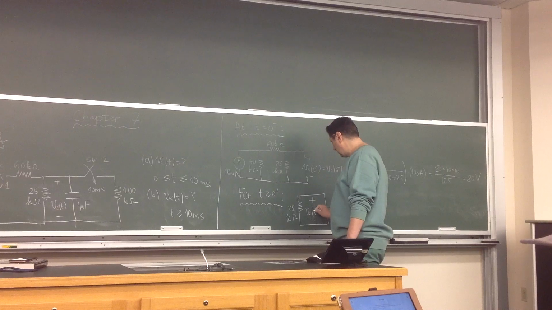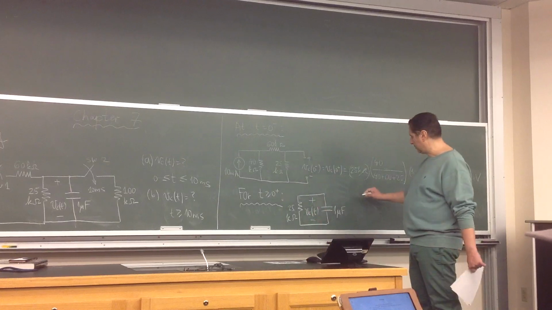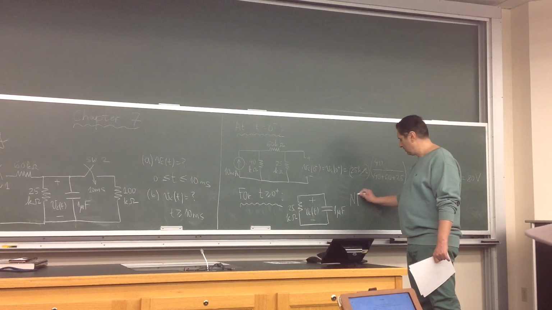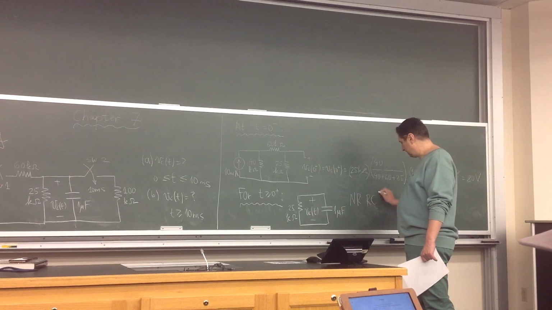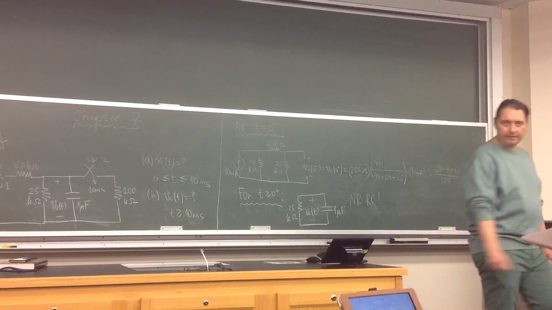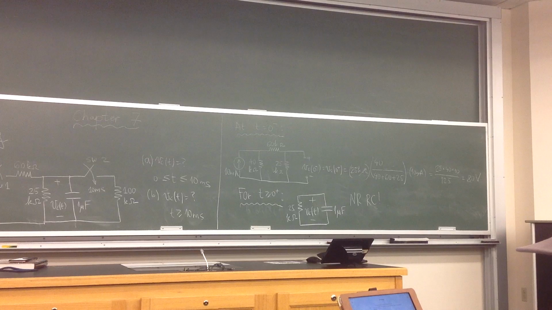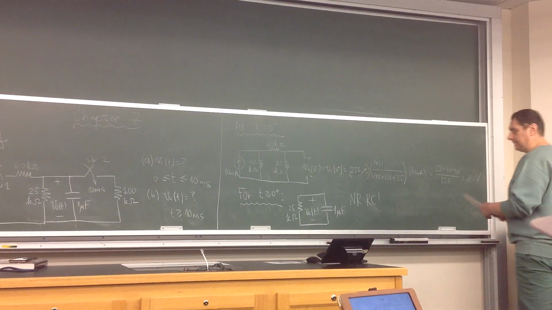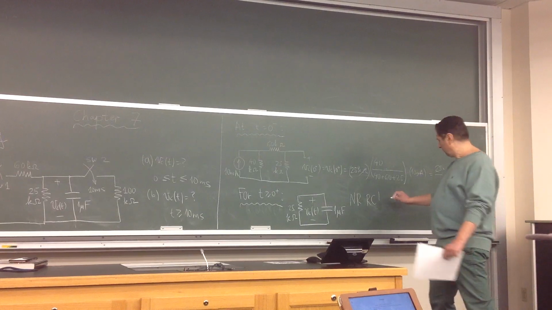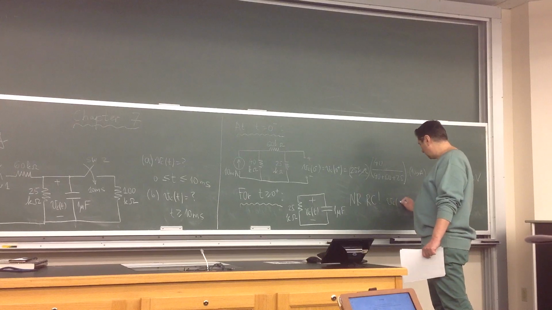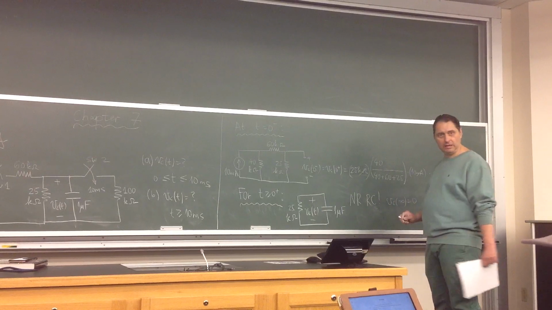So obviously this is a natural response, RC, for a load. Then you can figure out tau. VC infinity is equal to 0 in this case.